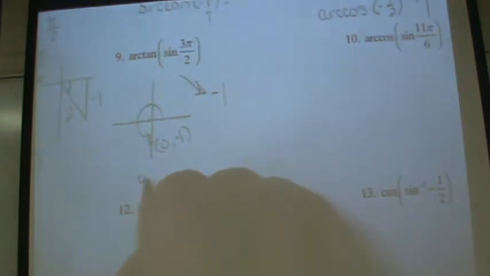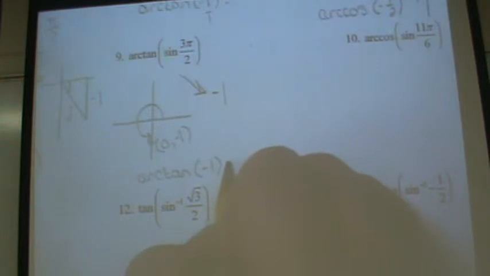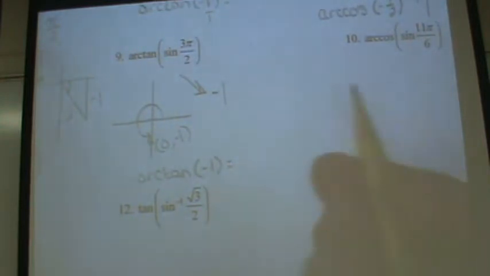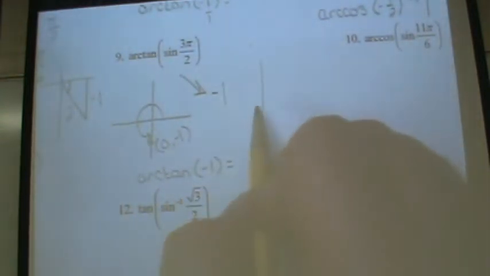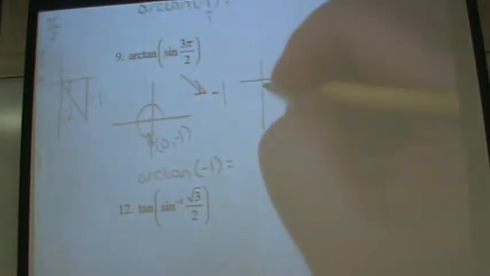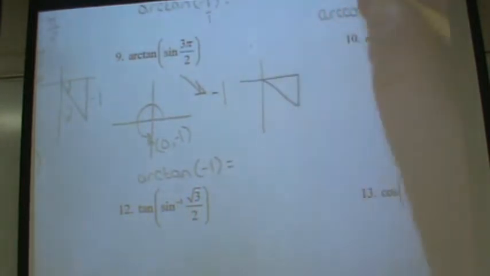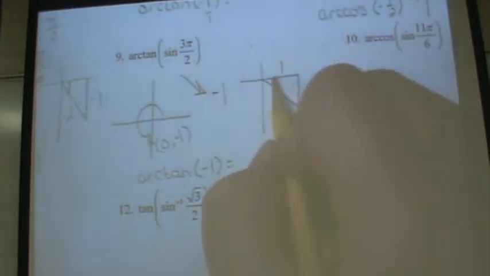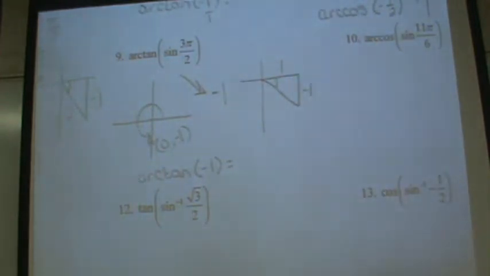So we're going to take the arctan of -1. So we've already done this one, but we'll do it again. We're in the fourth quadrant, opposite over adjacent. What angle is that? Negative pi over 4.